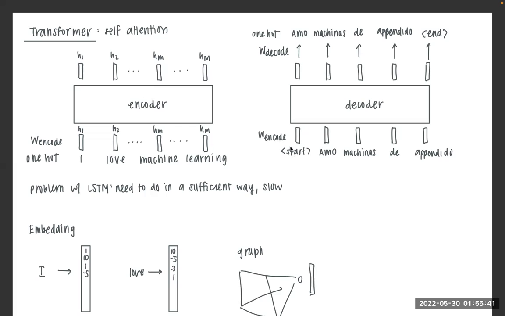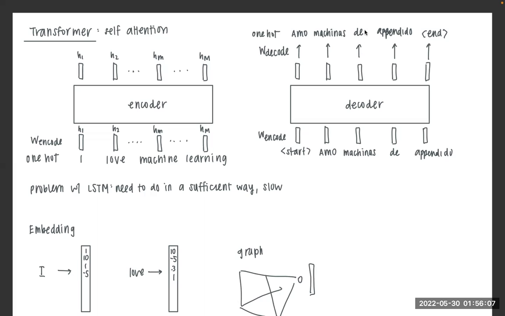And for the decoding part, again, it is autoregressive. You start from this start symbol, start word, and then you go through this decoder. You do this one by one. You first generate the first word "Yo", and you let it be the input to the next time step. And then you generate the next word, and then let it be the input to the next step.